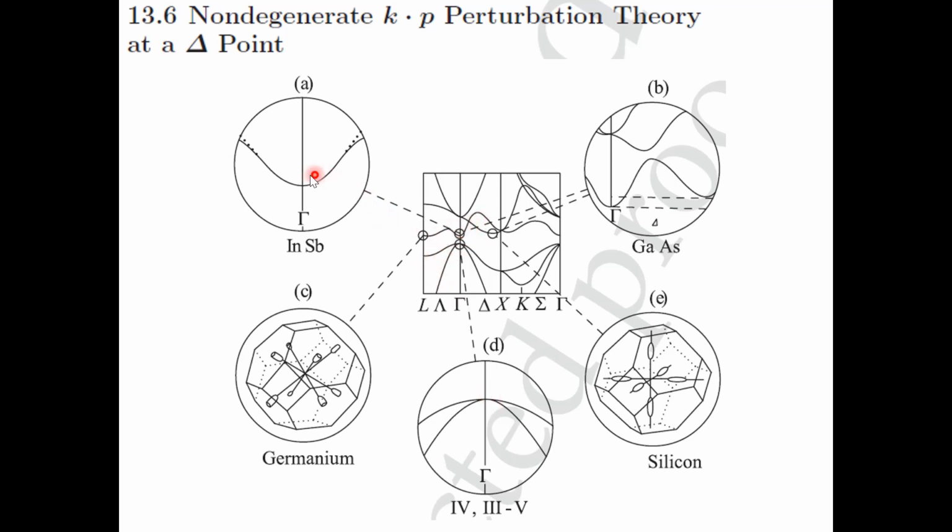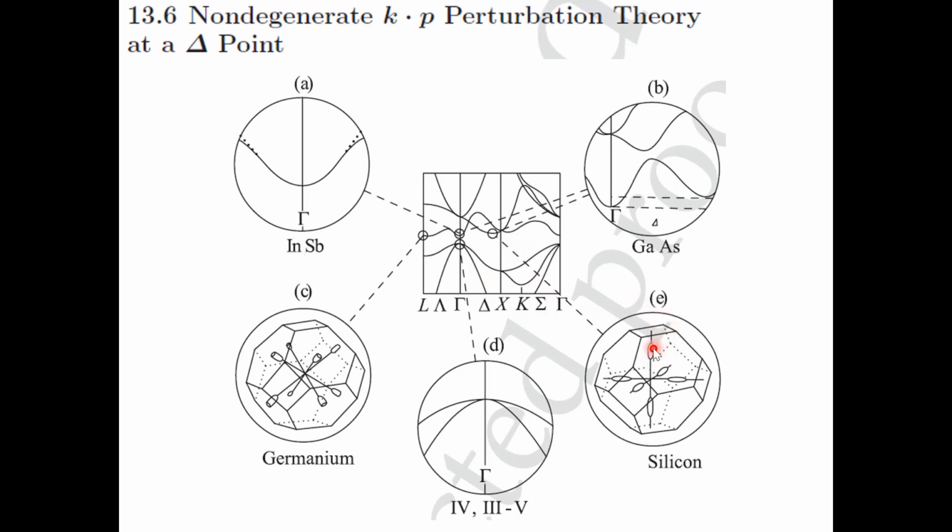Typically, the minimum of the conduction band is non-degenerate at the gamma point for some 3-5 compounds like indium antimonide, and so on and so forth. So these are schematic drawings of band structures of several important semiconductor materials.